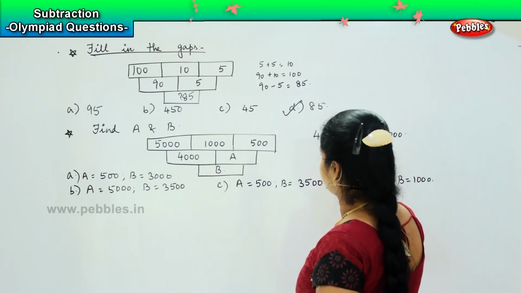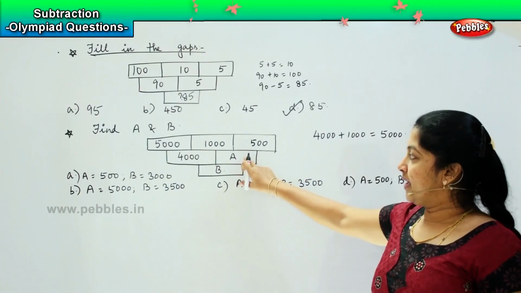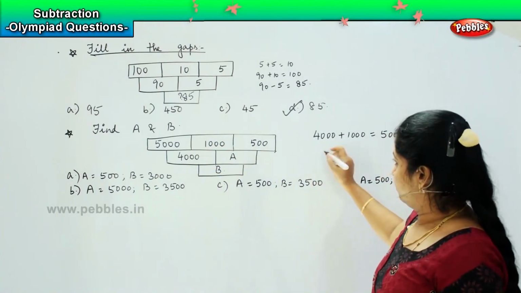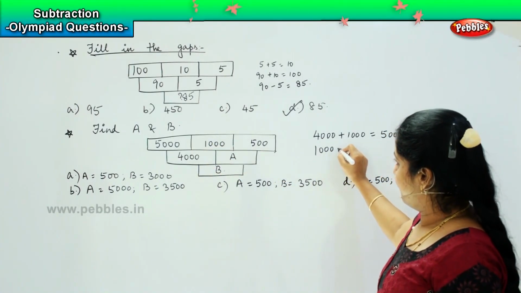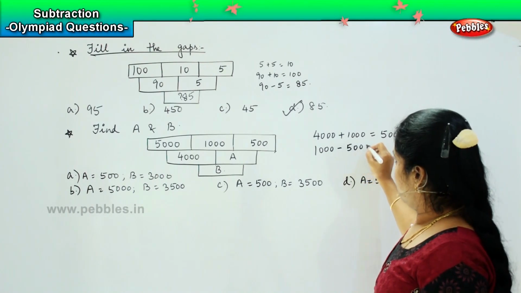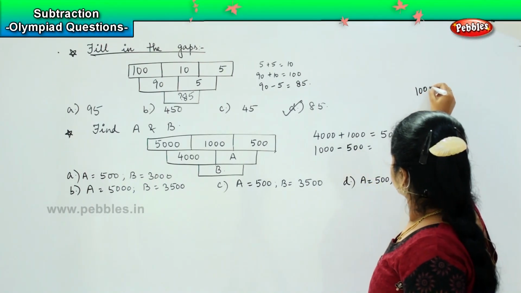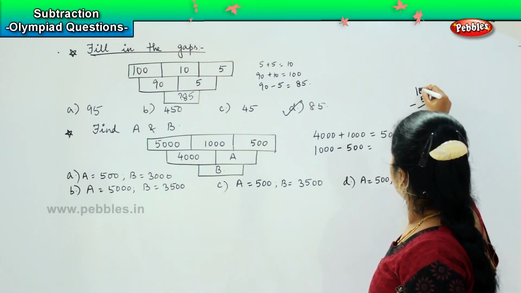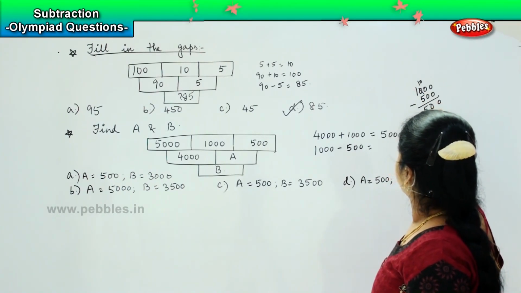Now, if I add something here with this number, it will give me the answer 1,000. So 1,000 minus 500 is how much, children? 0, 0, 10 minus 5 is 5.